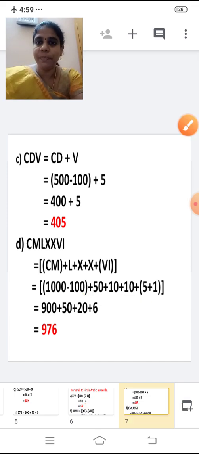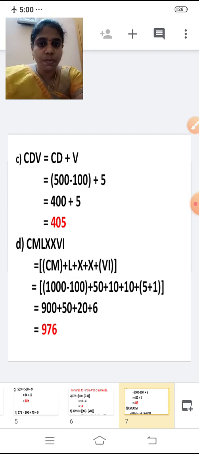Shall we see one more time? C, M, L, X, X, V, I. CM plus LXX plus VI. So how to write CM? M minus C, that means 1000 minus 100 plus value of L is 50, value of X is 10 plus 10, one more X, so 10 plus VI.